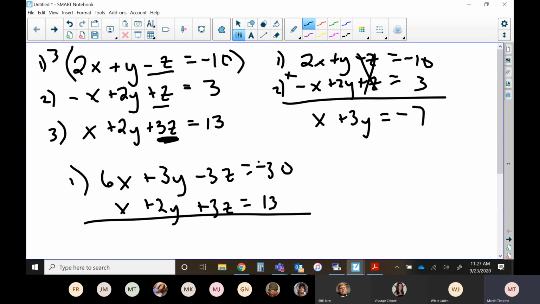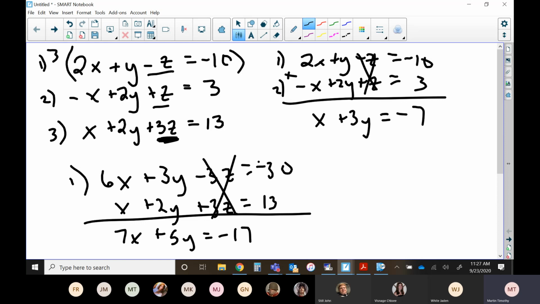Combine like terms, these cancel out. 7x plus 5y equals, and when you combine that, that becomes a what? Negative 17? Yes? Negative 30 in there. Ooh, I don't like this one. That's a negative 30. Getting rid of the x's made it easier in the beginning.